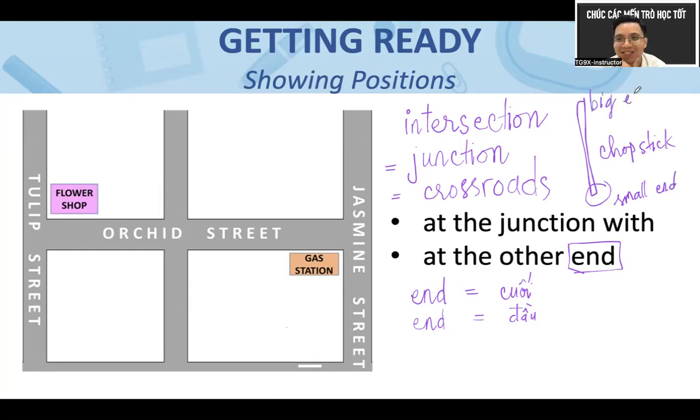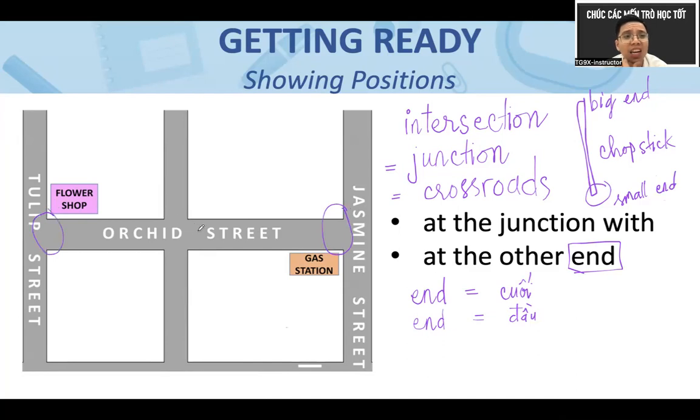So this is the end. When you say the end of the street, yes, the end of the street.